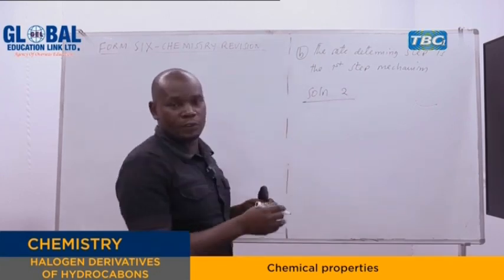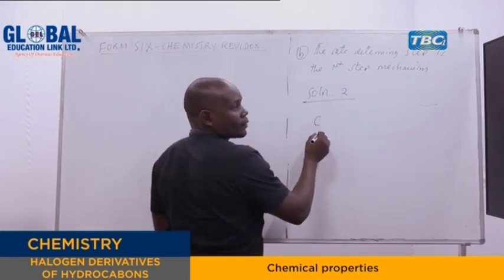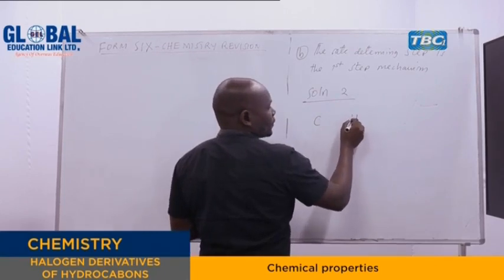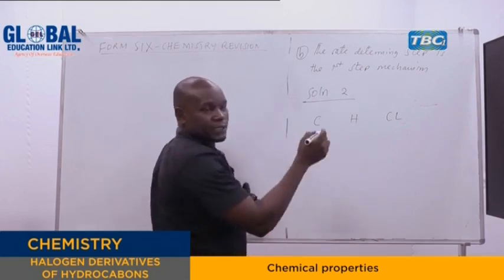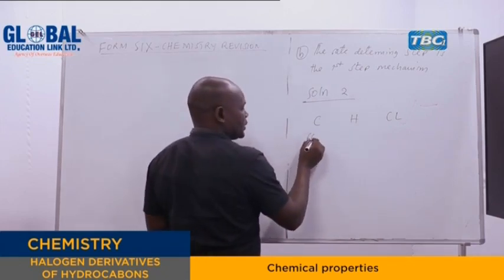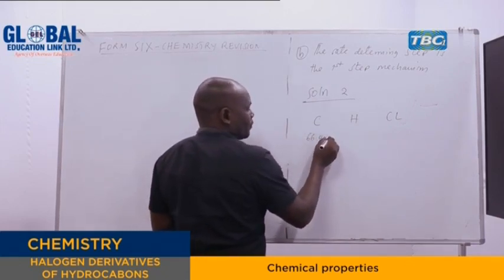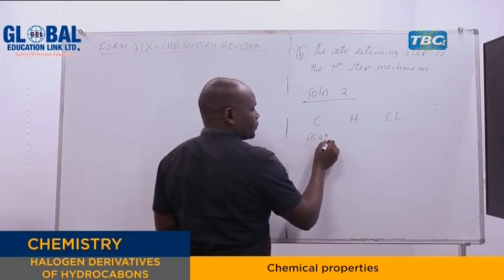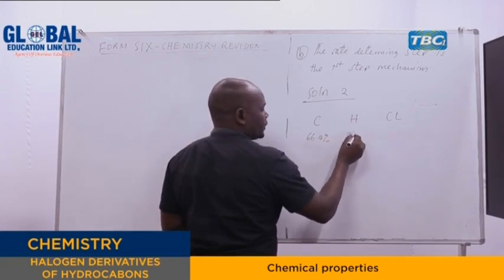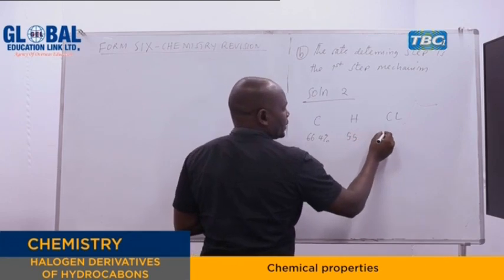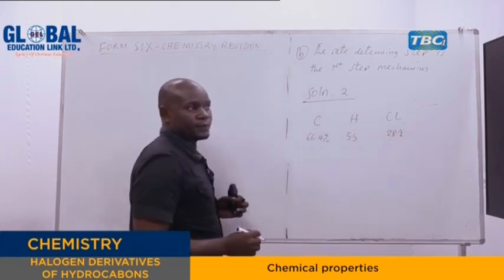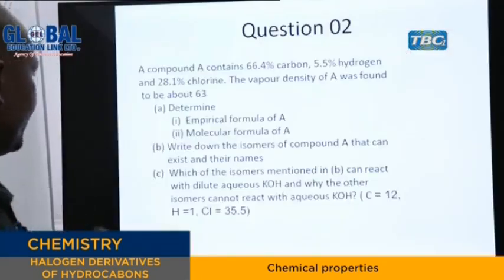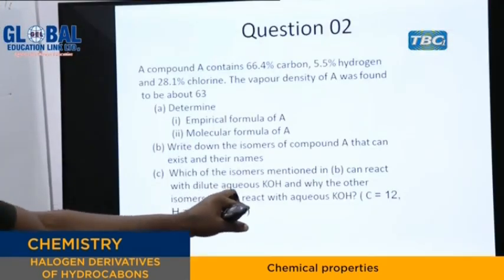The compound contains carbon, hydrogen, and chlorine. The percentage of carbon is 66.4, that of hydrogen is 5.5, and that of chlorine is 28.1. Now we have been given their relative atomic masses.